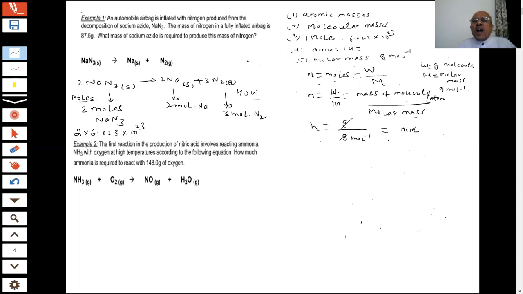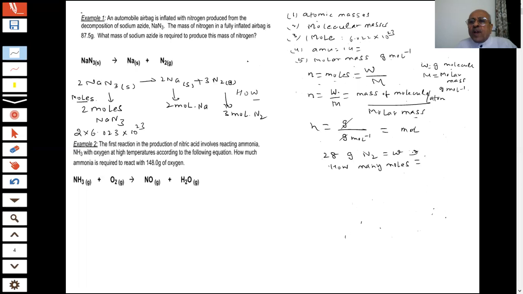So if I am given 28 gram of nitrogen, students, then how many moles will there be?